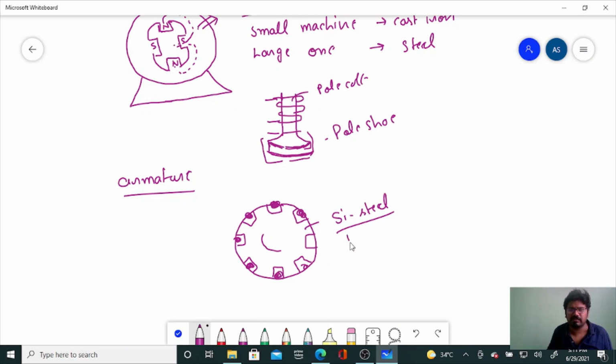Silicon is used to reduce the conductivity, because steel has a high conductivity. It reduces the conductivity, but it does not affect the magnetic property.